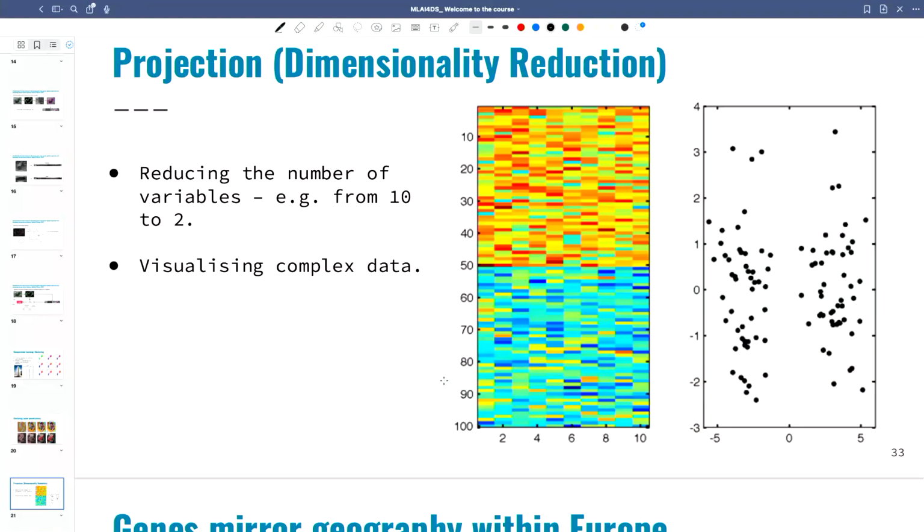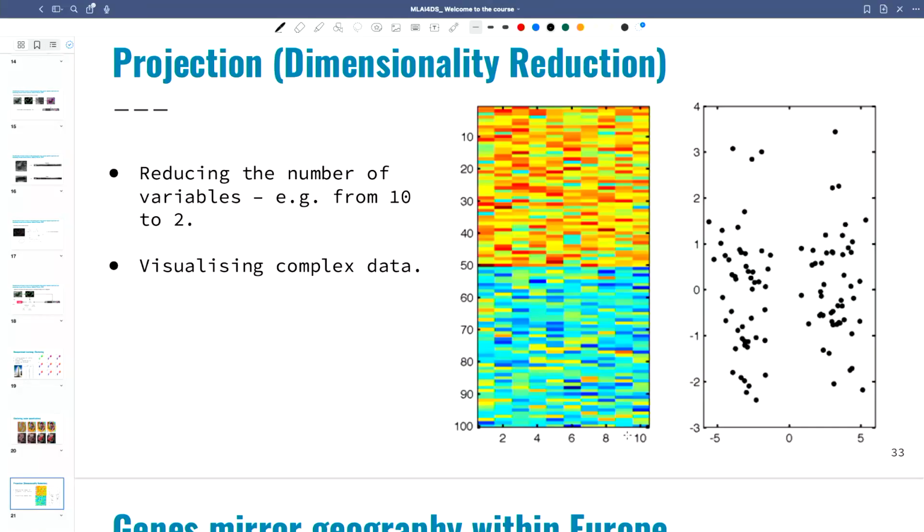One strategy is, for instance, let me illustrate this example. What you're looking at here is 100 genes, or transcriptome data, in 100 different genes along the y-axis, and you've got 10 entry points for expression levels of the genes.